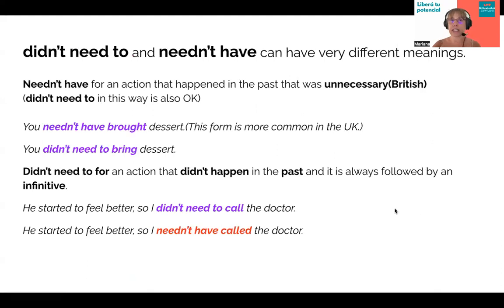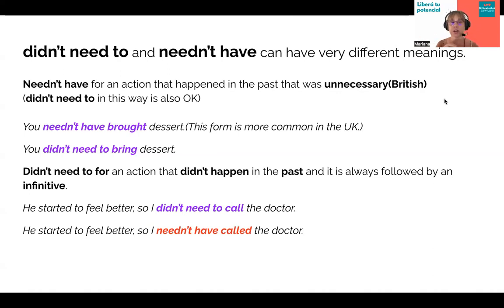And finally, didn't need to or needn't have can have very different meanings. Needn't have is for an action that happened in the past but was unnecessary. This is British. You needn't have brought dessert. I mean, it wasn't necessary. Very British. You didn't need to bring dessert, more American.